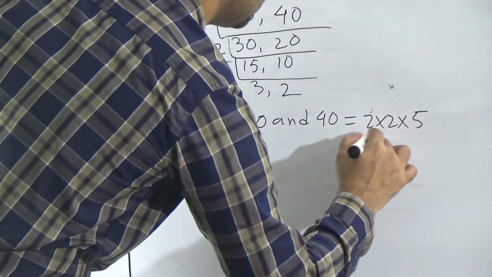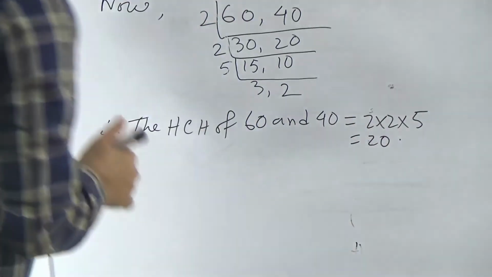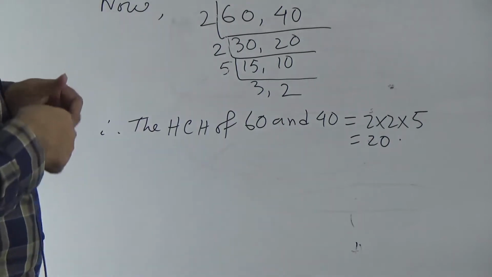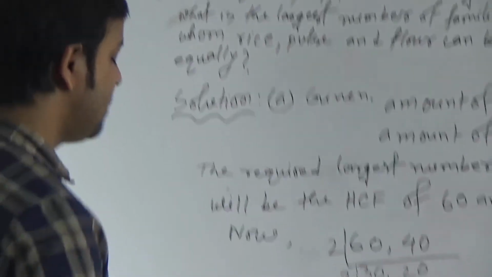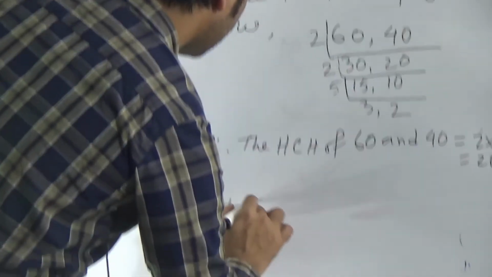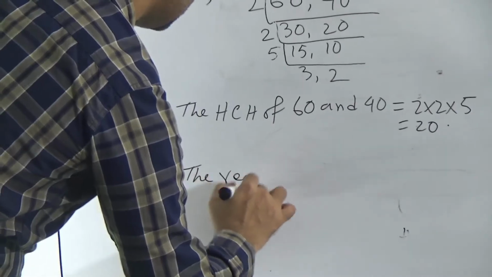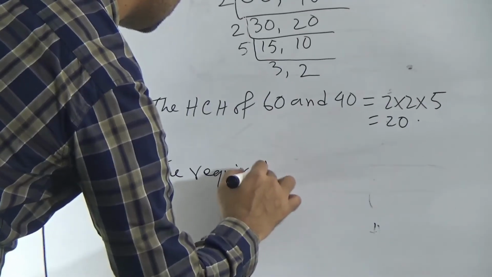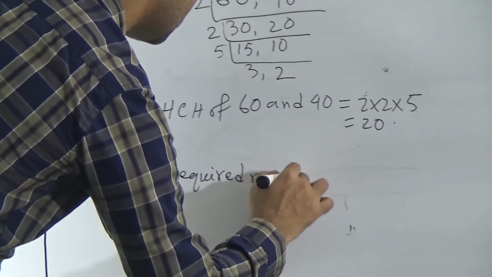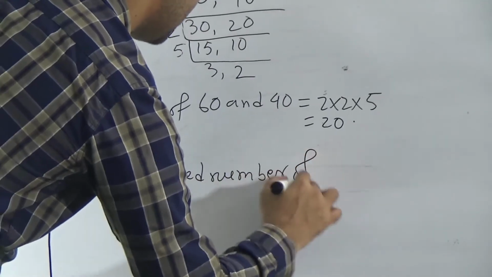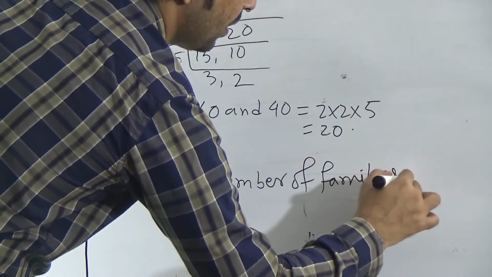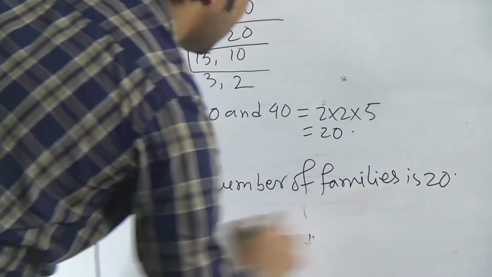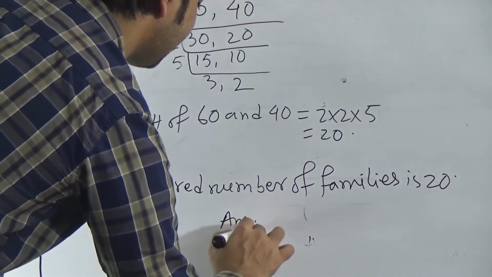It means that 20. Therefore, the required number of families is 20. So our answer is 20 families.